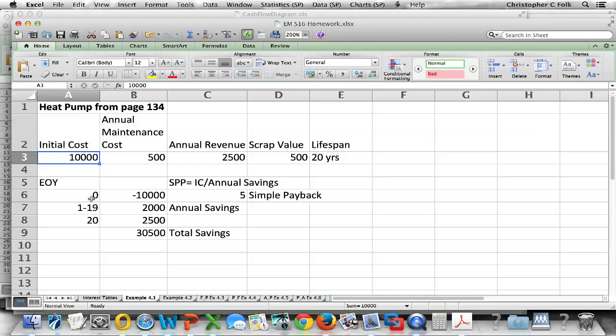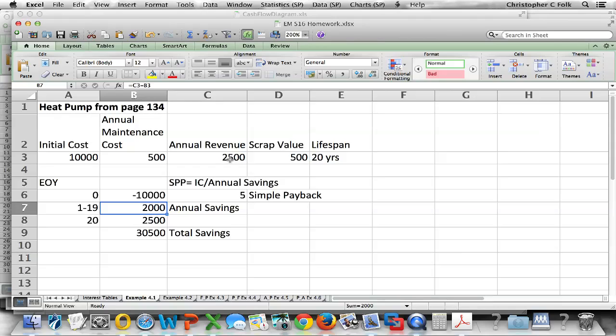So at end of year 0, the day we put it in, we'll have made no money and we'll have spent $10,000 on it. For years 1 through 19, we will save $2,000. Now, how do we do that? Well, we said that we were going to make $2,500, but it's going to cost us $500 in maintenance. So when I click on this cell, notice it says C3.